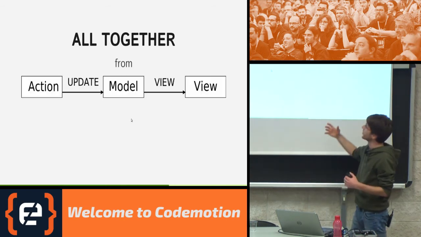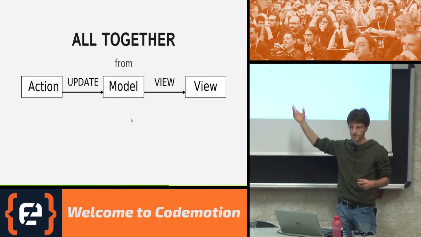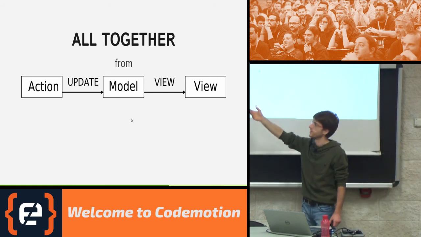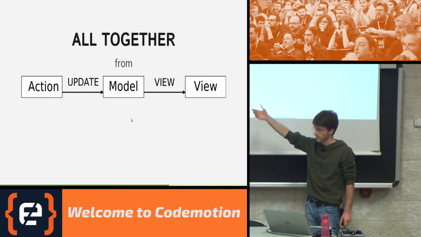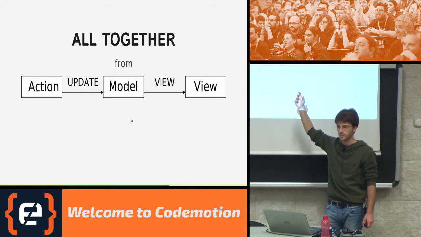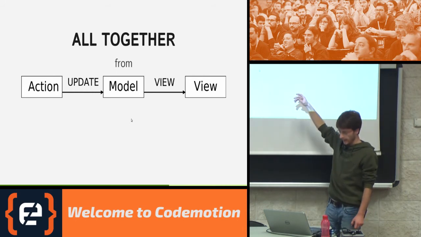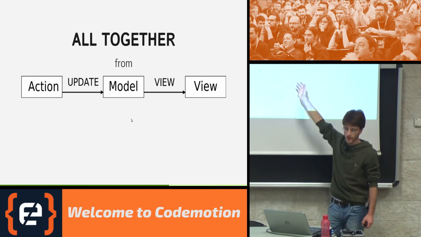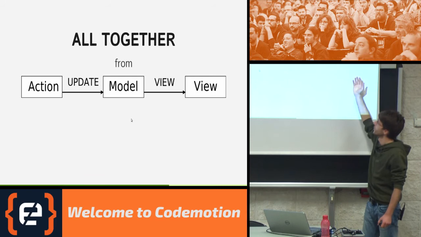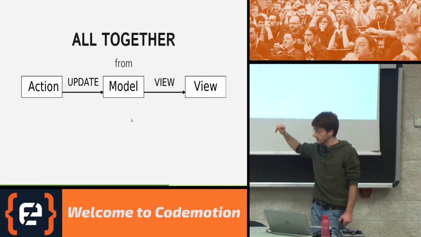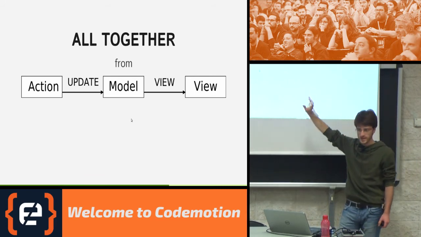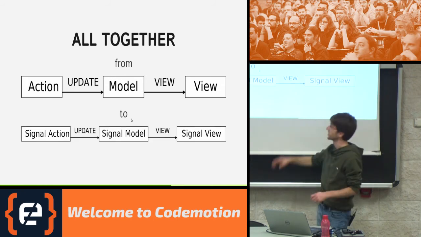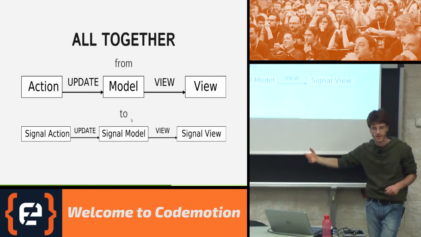Putting these pieces all together, in the middle we have our model, our single source of truth, and whenever we receive a new action, it goes through the update function and updates the model. Then whenever the model changes, the view function re-renders it and we get a new view. This is just one step. If we want to make it more continuous, let's use signals.